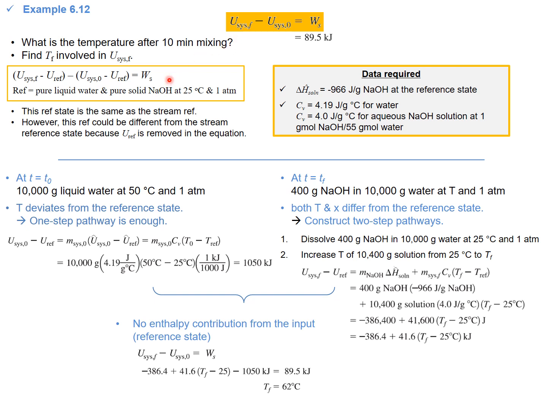Let me try to describe the internal energy with the other terms, temperature terms, and some calculated values. Each internal energy should be calculated with respect to the reference state. So internal energy of the system final state minus reference state, minus system initial state minus reference state, is equal to the shaft work.